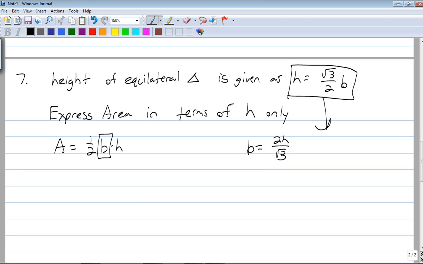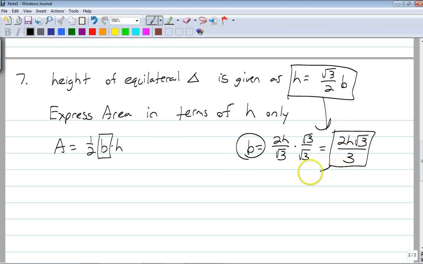And we just did a problem like this. Can we have a square root on the bottom? No, we can't. So I'm going to multiply the bottom and the top by a root 3, because that's what's on the bottom. And I'm left with 2h root 3 over 3. That is what b is equal to. Now I can plug this whole thing in for this b, because I don't want any b's in the answer.